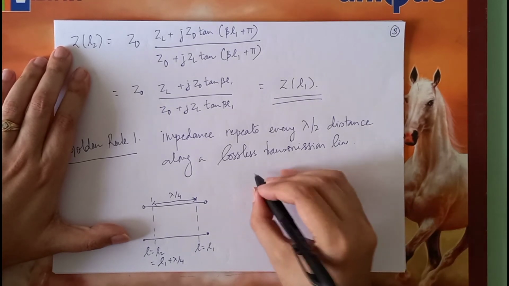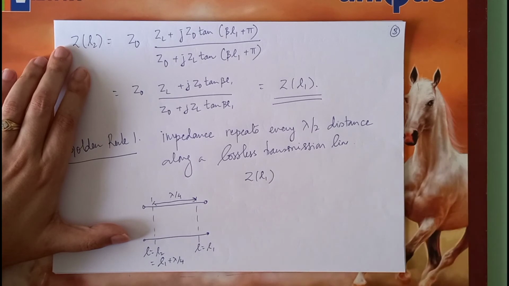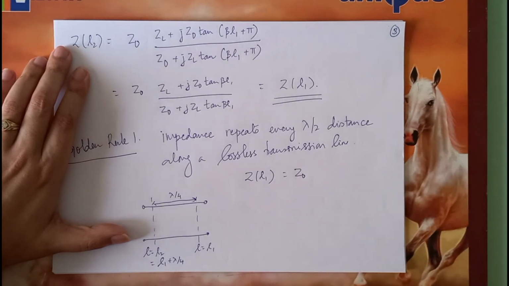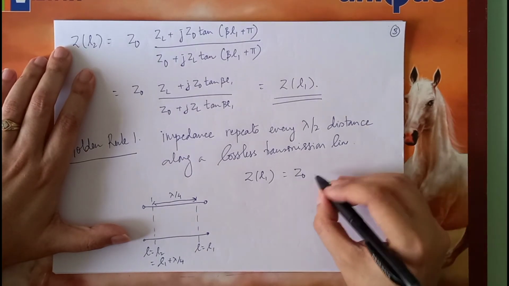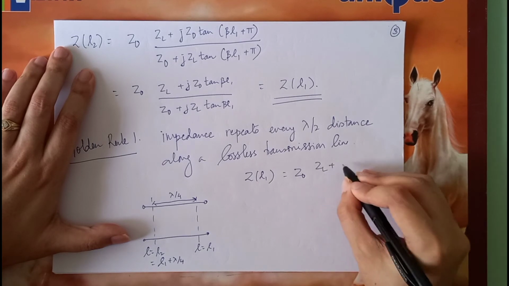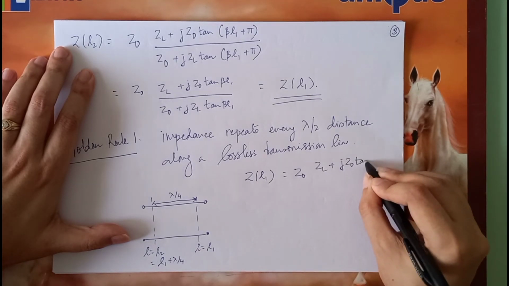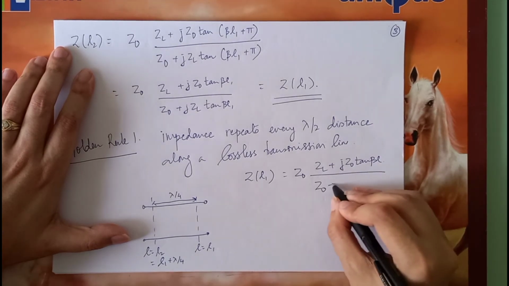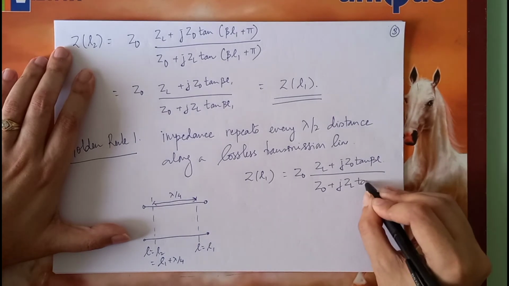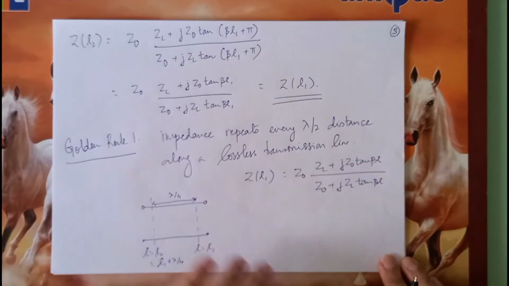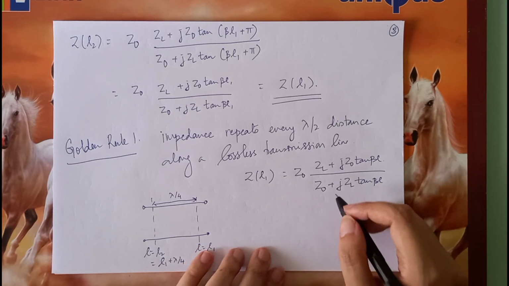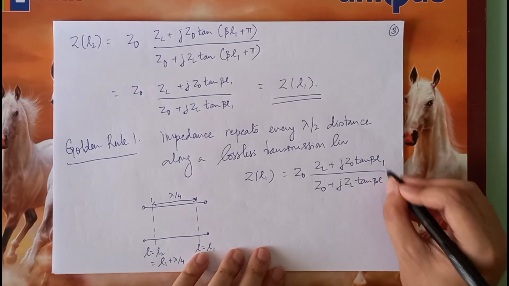Well, let's start from where we started. Z of L1, we are starting the same way as we started for the previous case of lambda by 2. So this would be Z0 times (ZL plus jZ0 tan beta L1) divided by (Z0 plus jZL tan beta L1).